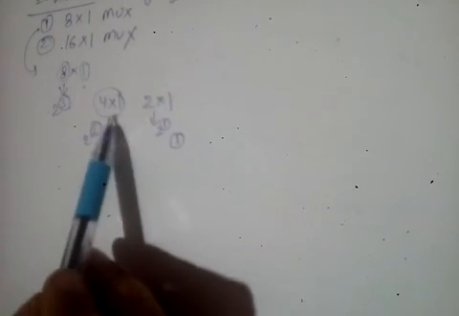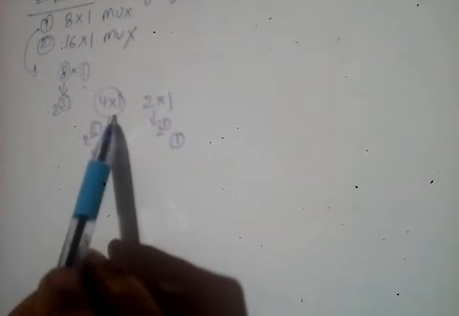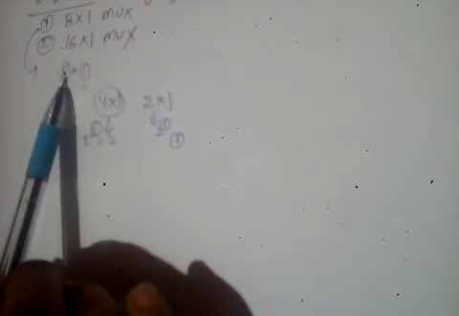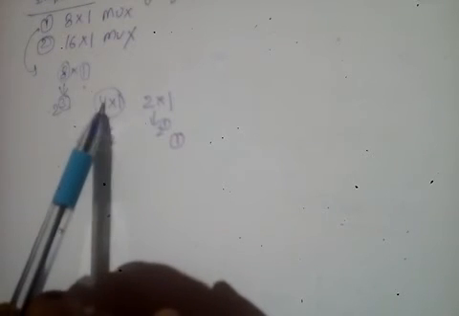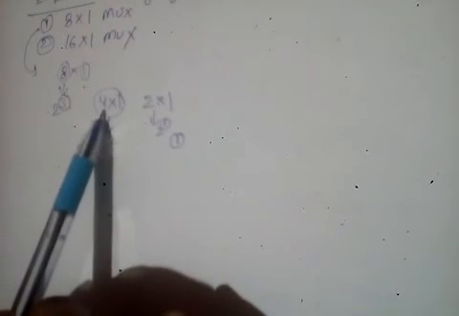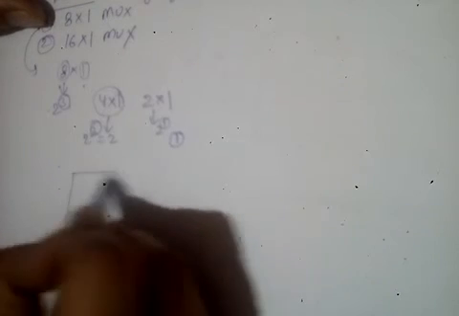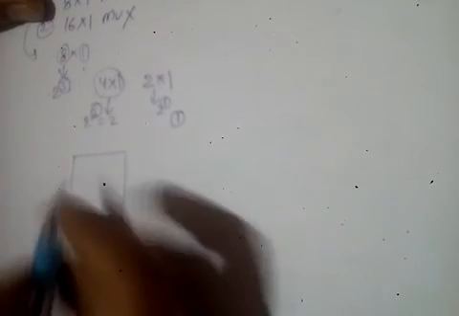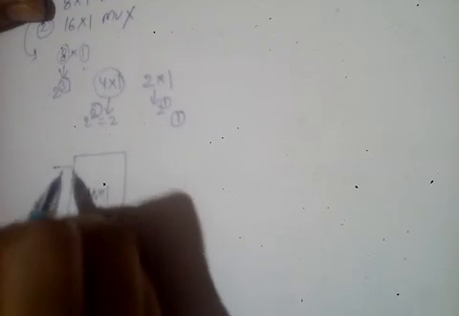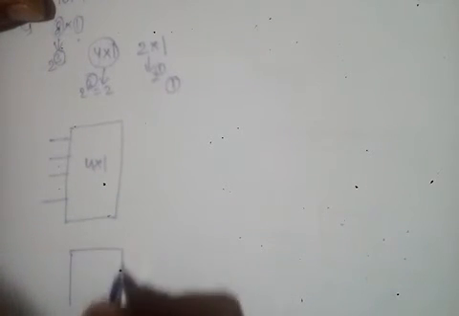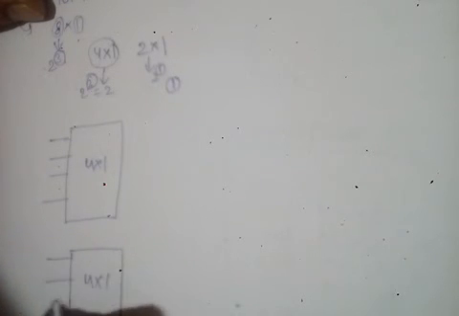So we need 4x1 mux in the first stage to get 8 input data lines. This is 4 inputs, so we will use 2 4x1 mux to get 8 input lines. One 4x1 mux will give 4 input lines, and another 4x1 mux will also give 4.